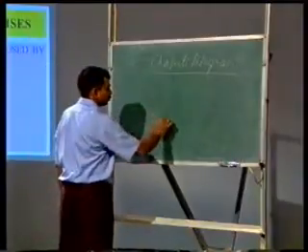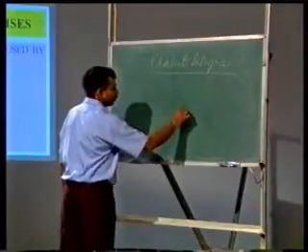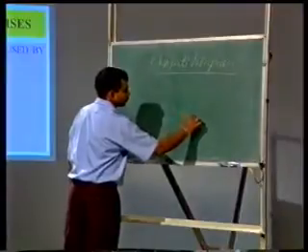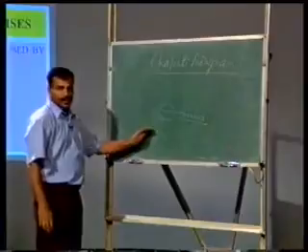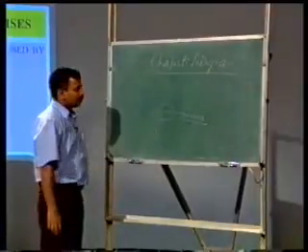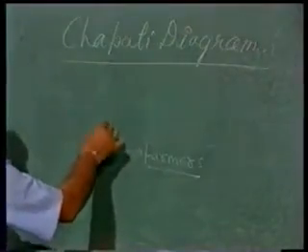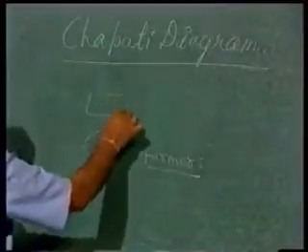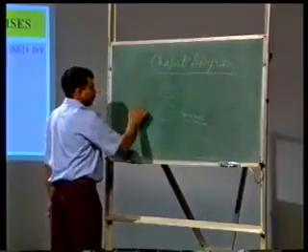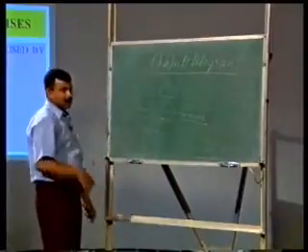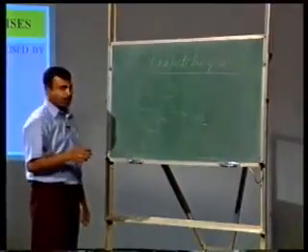Suppose we have a group of farmers. We are conducting these exercises with a group of farmers. Then what are the different institutions working in the surrounding, which are helpful to the farmers?